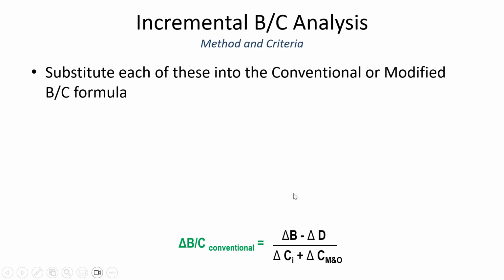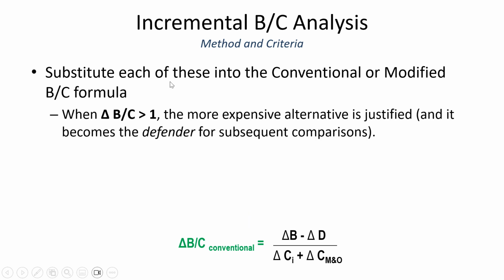So this is the conventional formula. We also looked at the modified one in class last Wednesday, but we'll normally just stick with the conventional formula. The decision criterion is: if the ratio for the increment is greater than 1, then you pick the more expensive alternative, and it will be the baseline case, or the defender, so to speak, for follow-up comparisons after that.